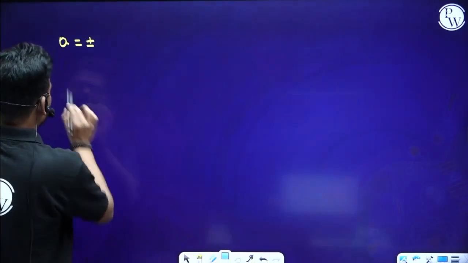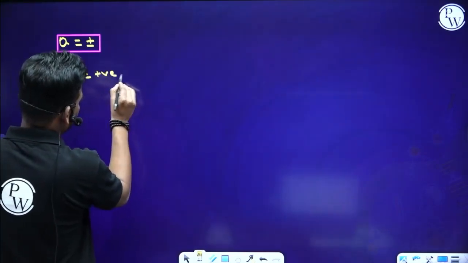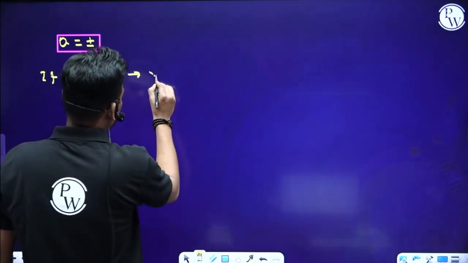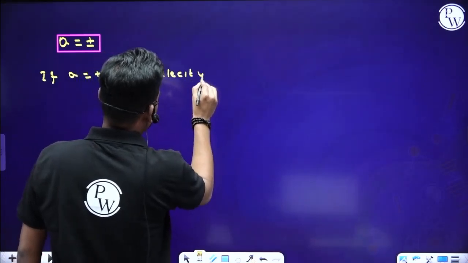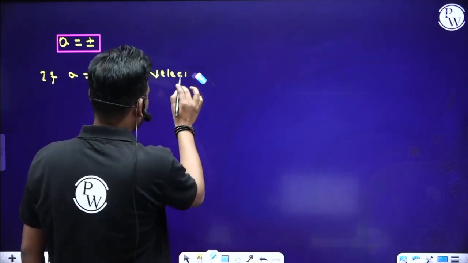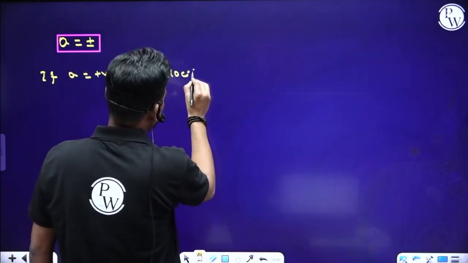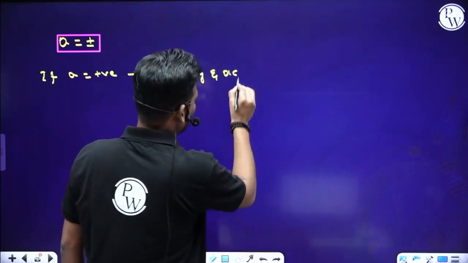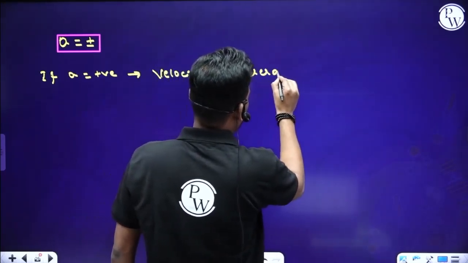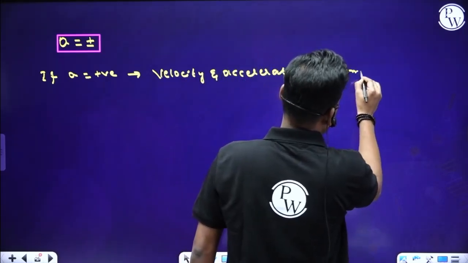Positive or negative. So if A is positive, that means velocity and acceleration are in the same direction.